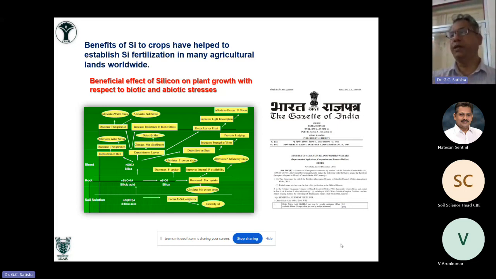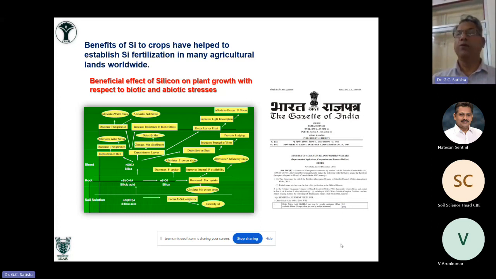Once deposition of silica takes place in the hull, that is the rice hull, it gets transported and acts as a very good material against water stress. Certain diseases like rots and some fungal and bacterial diseases, silica plays a significant role.